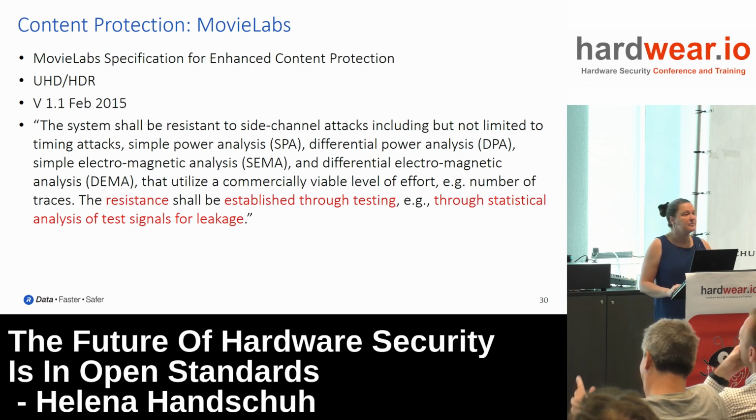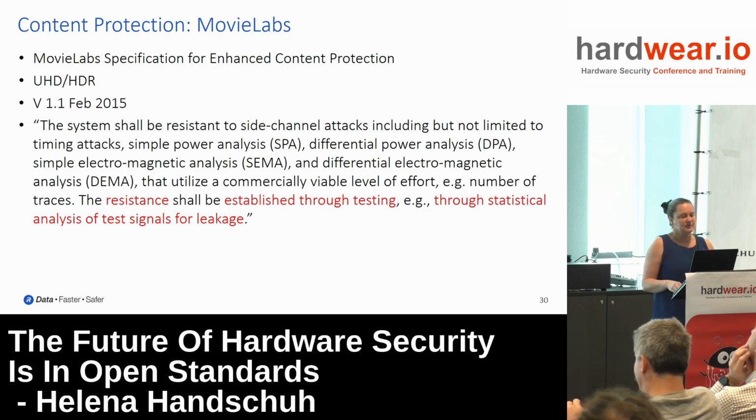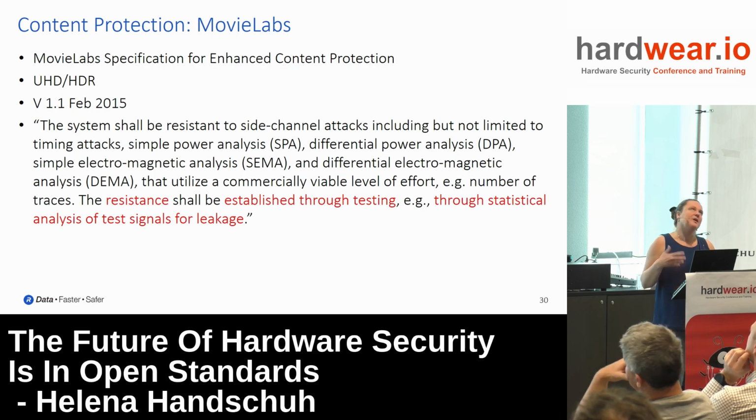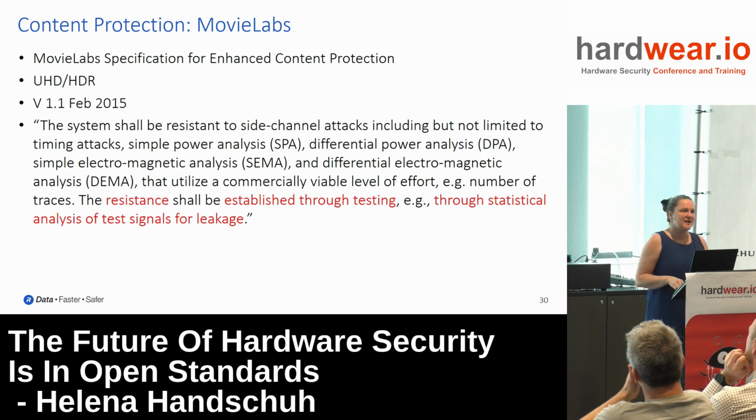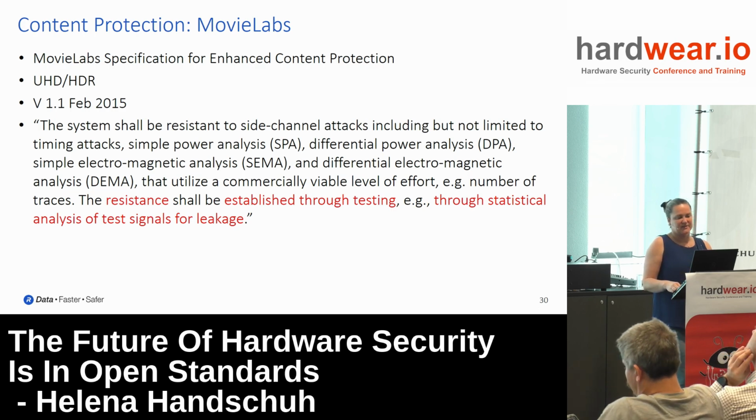For example, in the content protection area, an organization called Movie Labs has put out new specifications to protect enhanced 4K and above HDR style movies and things like that. So the high value content that studios put out. And they also list a requirement to say the resistance shall be established through testing, through statistical analysis of test signals for leakage. It's not very precise, but it's getting there.